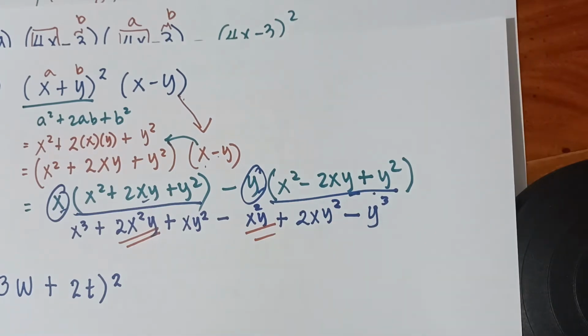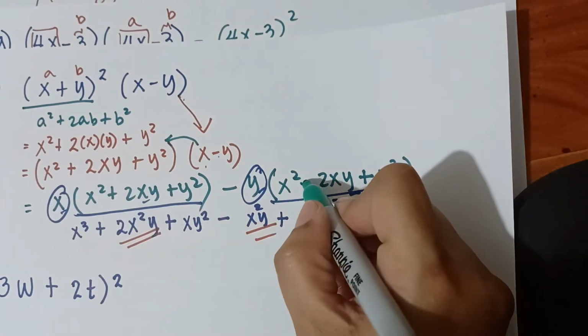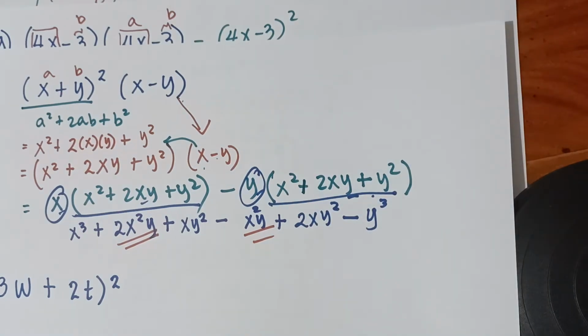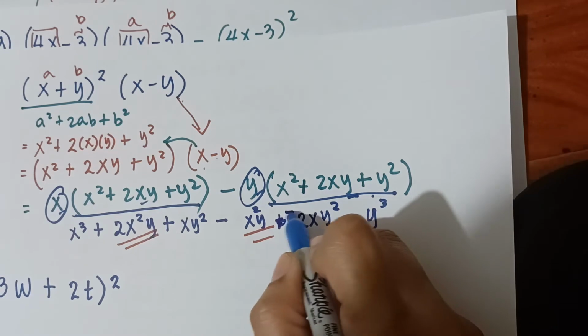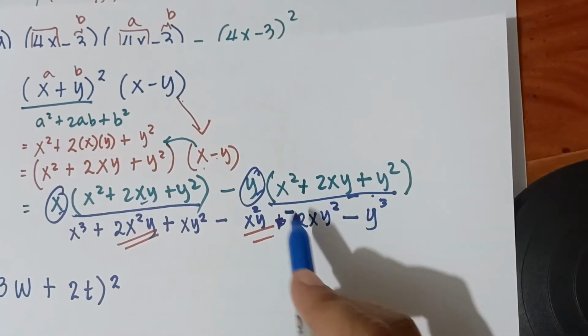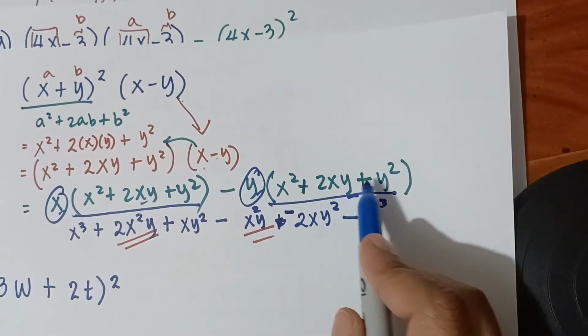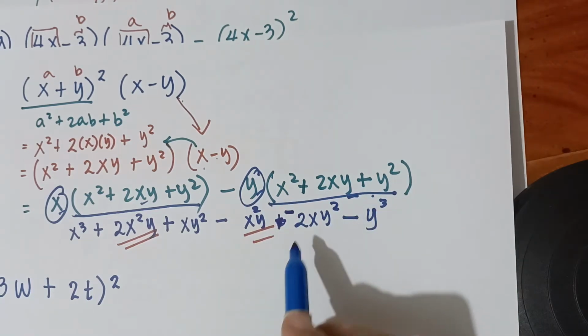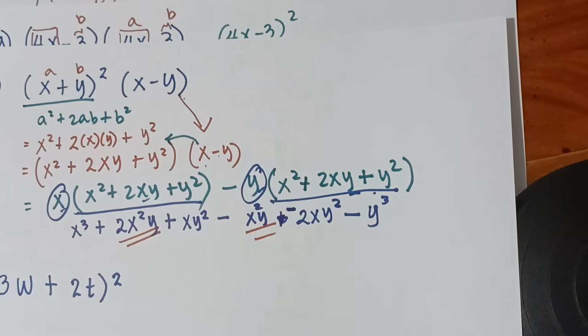Oh, by the way, wait. Let me just write, since that is plus, this should also be plus. Okay? And since that is plus, this should be minus. I made a mistake in the sign. So, negative times positive is negative. Negative times positive is also negative. So, both are negative, all the signs there are negative.